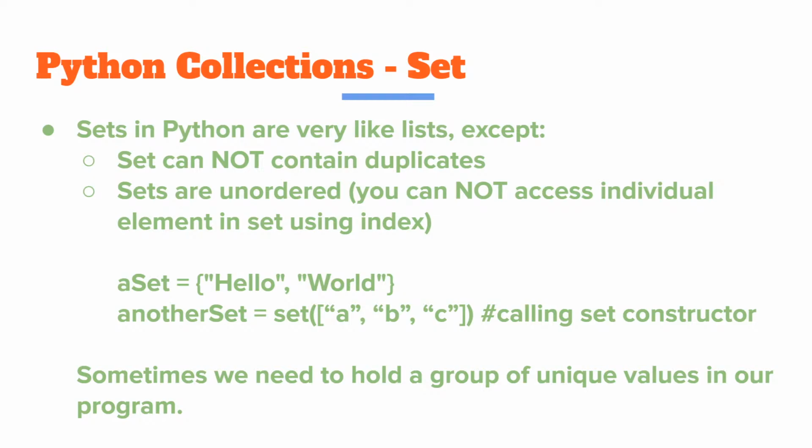In addition, sets are unordered, so you cannot access an individual element in the set using the index. So as you can see, we define the sets using curly brackets. I should probably call that squiggly bracket, because bracket and squiggly bracket are very different from one another.